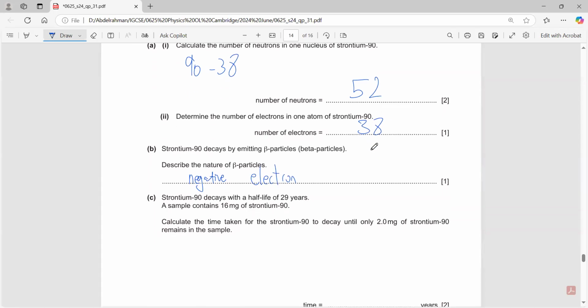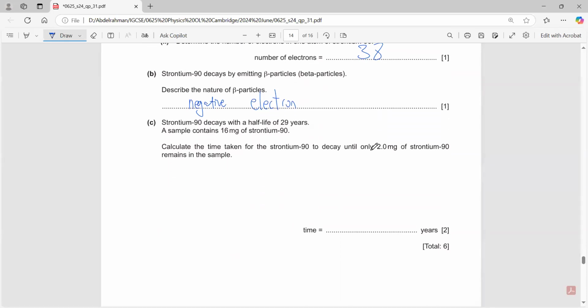Strontium 90 decays with a half-life of 29 years. A sample contains 16 milligrams. Calculate the time taken until only 2 milligrams of strontium remains in the sample. That's an easy question.